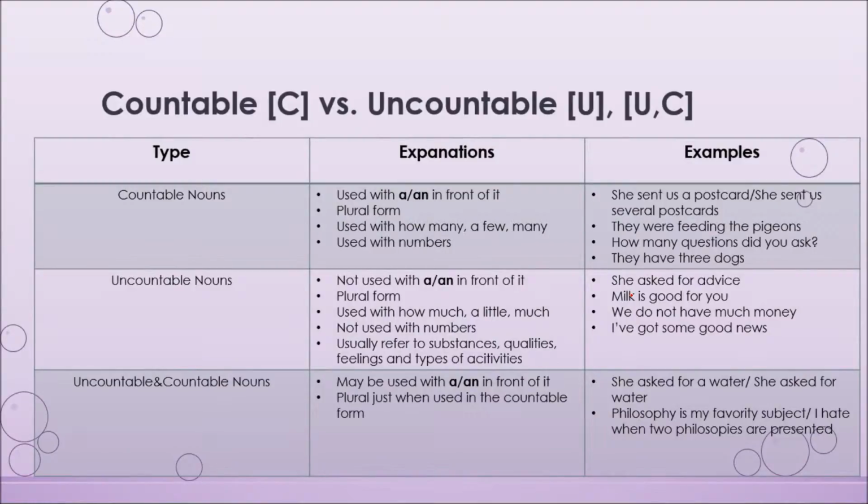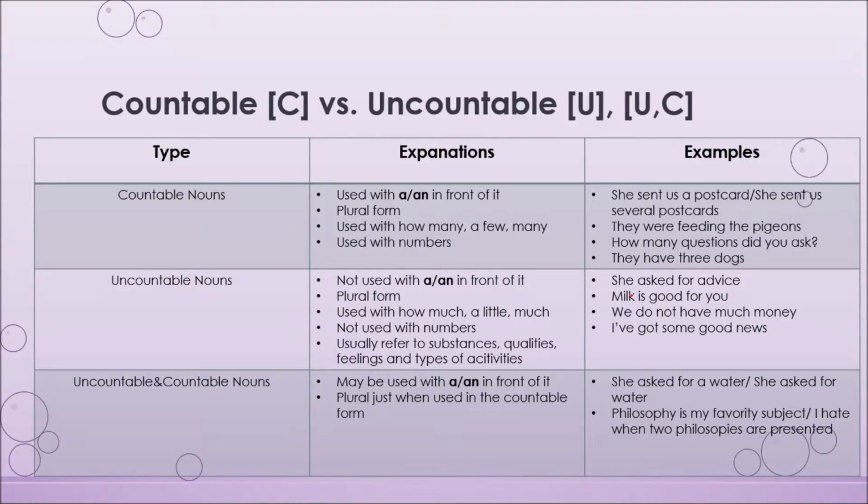Countable versus uncountable. Countable nouns are used with a or an in front of them, such as: she sent us a postcard, or you could have said she sent us several postcards. Postcard is countable, so you can create the plural form. We are not going to discuss the rules, but there are several rules to make the plural.